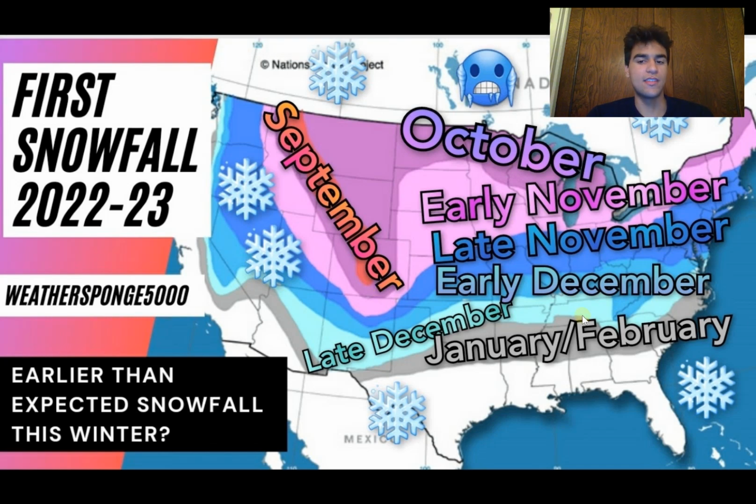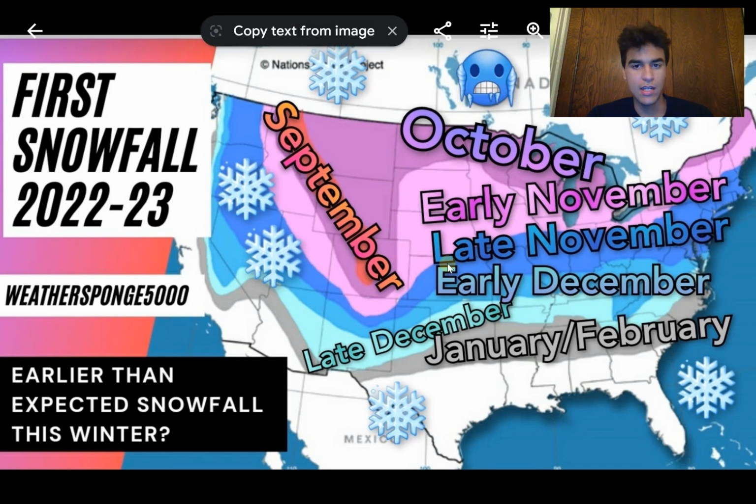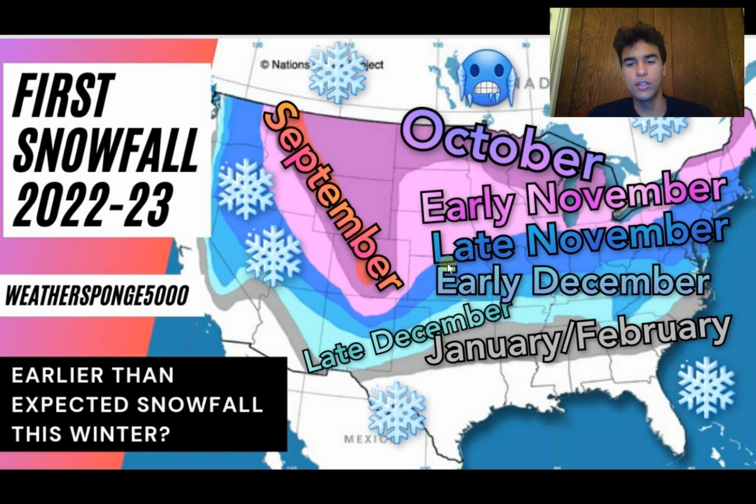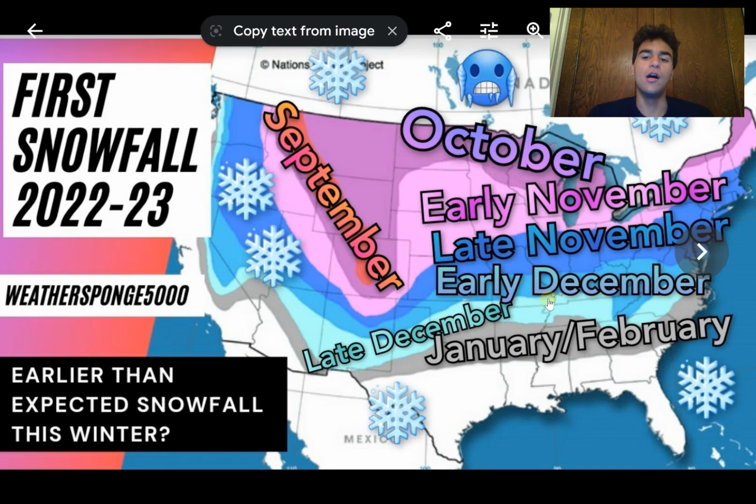In some areas, this is earlier, because typically in Washington and Baltimore, you don't experience your first snowfall until early December. I'm expecting your first snowfall to be right around late November, early December, just south of that, late December, and even further south than that, which includes Oklahoma City and Charlotte.